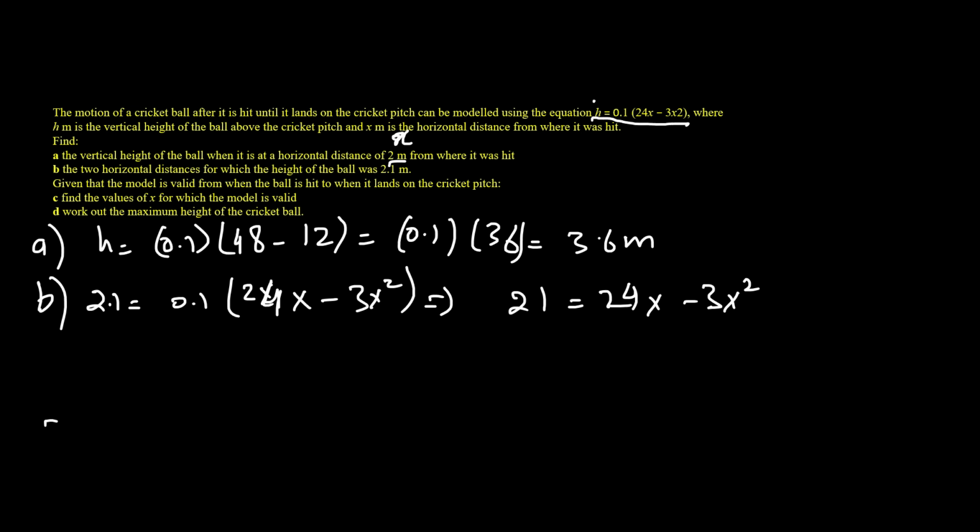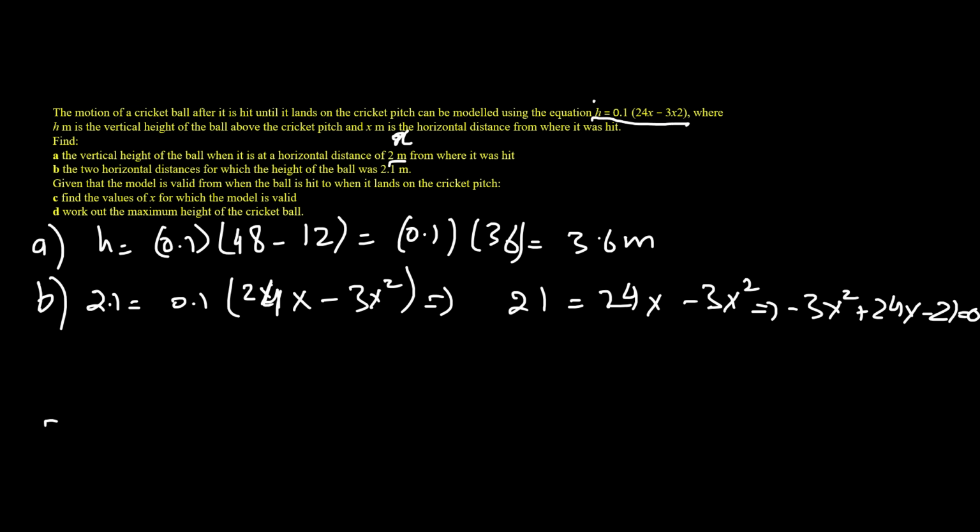So this is a quadratic equation. It will become minus 3x squared plus 24x minus 21 is equal to 0. As we can see, 3 can be factored out.